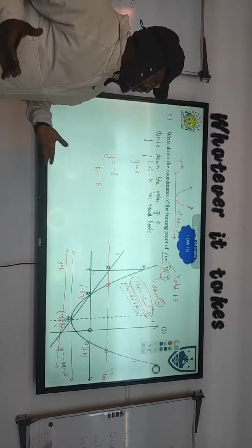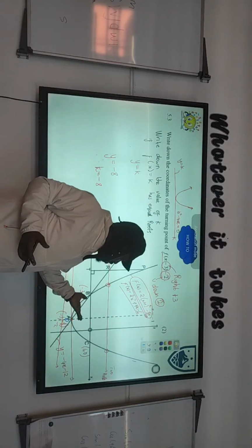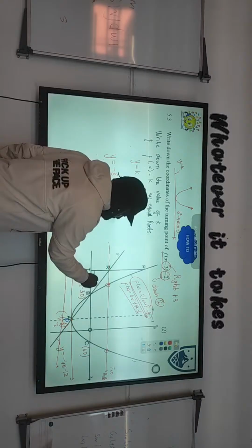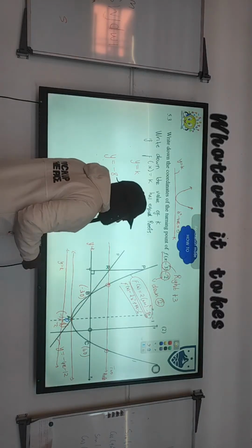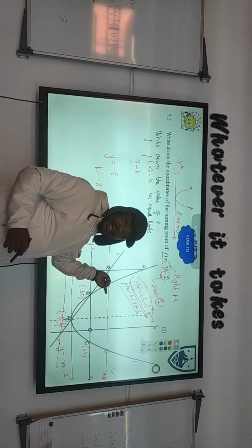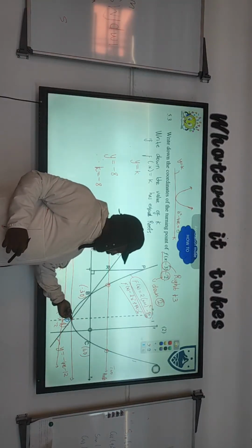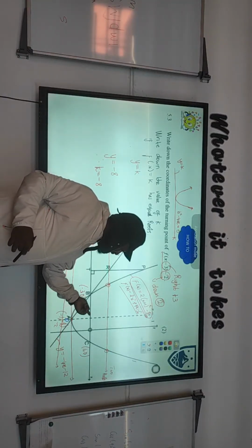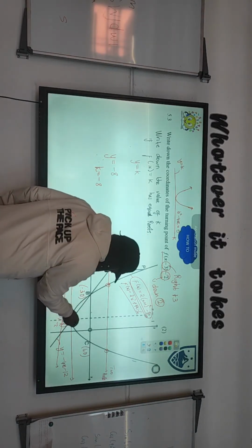And somebody can also interpret it and say, but why don't I just call the x-axis y equals to k? And then instead of moving the straight line, let me move the parabola. If you move the parabola, for the parabola to actually touch the x-axis only once, that means you need to move it up.